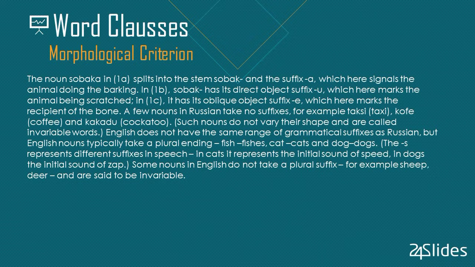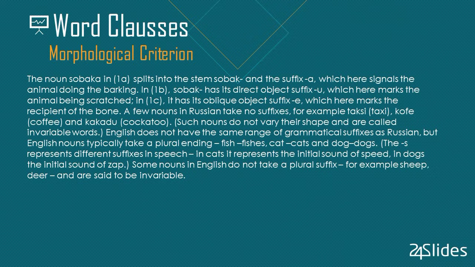In 1b, sobak has its direct object suffix u, which here marks the animal being sketched. In 1c, it has its oblique object suffix e, which here marks the recipient of the bone.